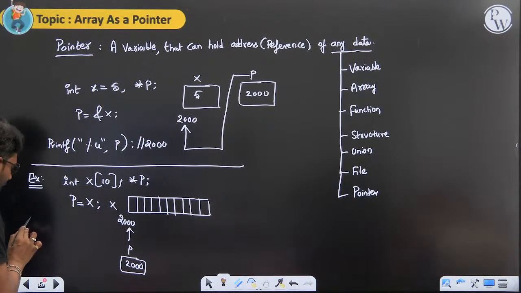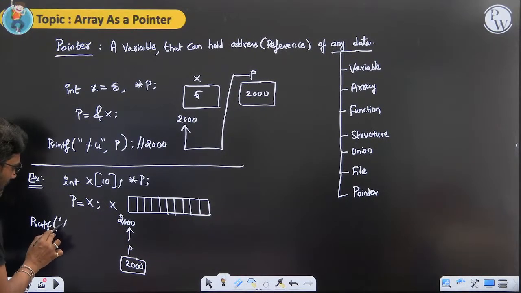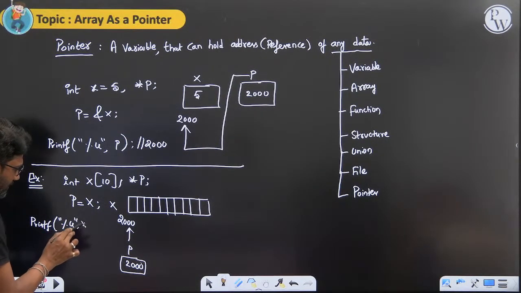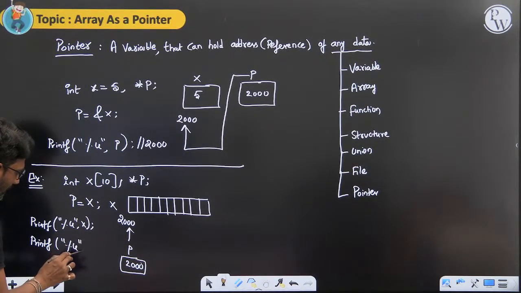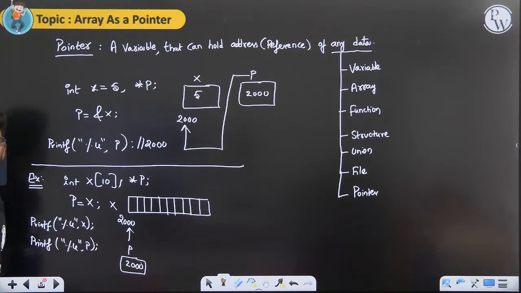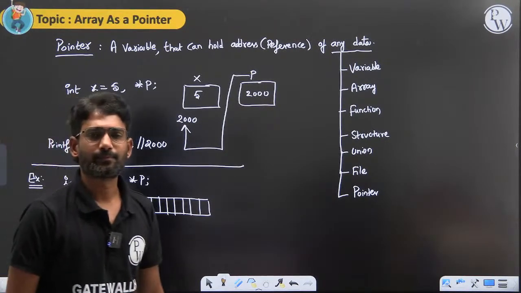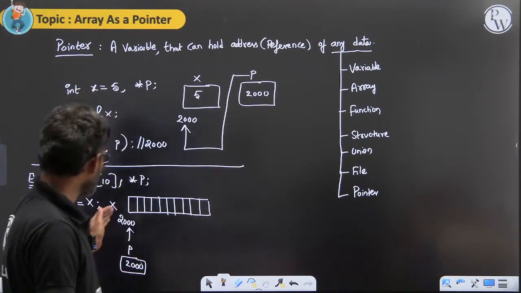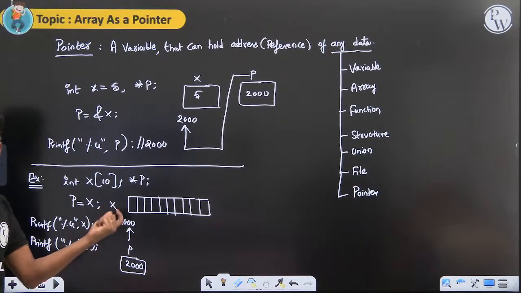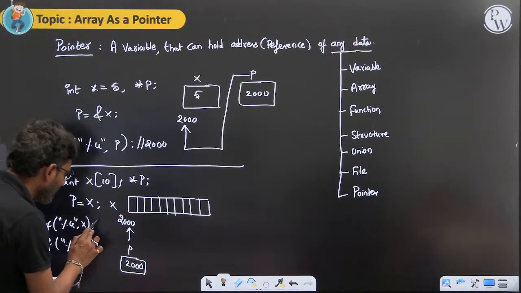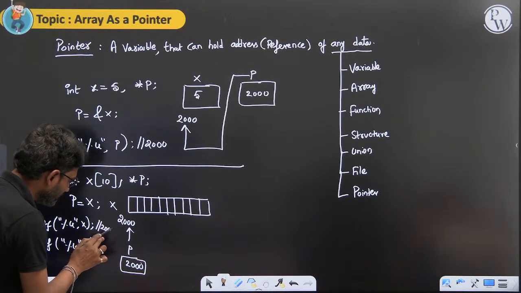Now when I try to print x, and when I try to print p, what do I get? I will get the same output. For x I get 2000, for p also I get 2000, isn't it?